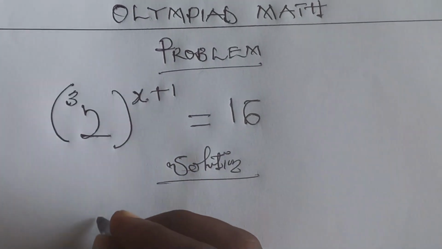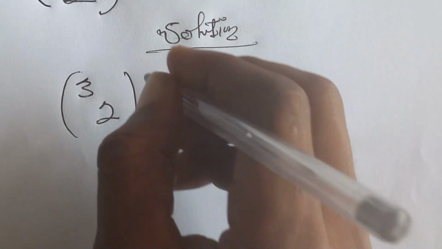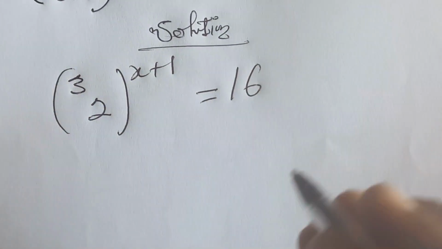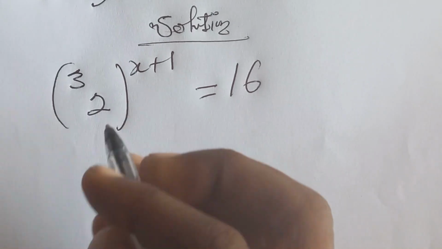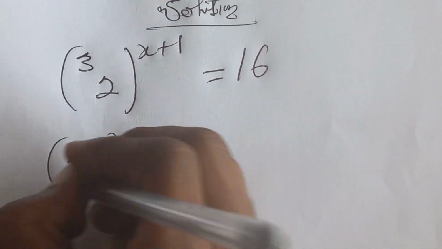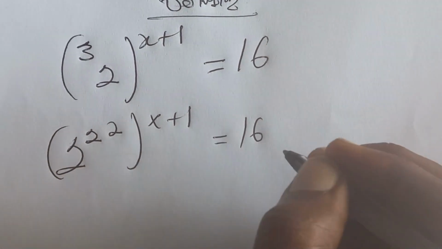Now, so this here is the same as 2 exponent 2 exponent 2 bracket x plus 1 is equal to 16.